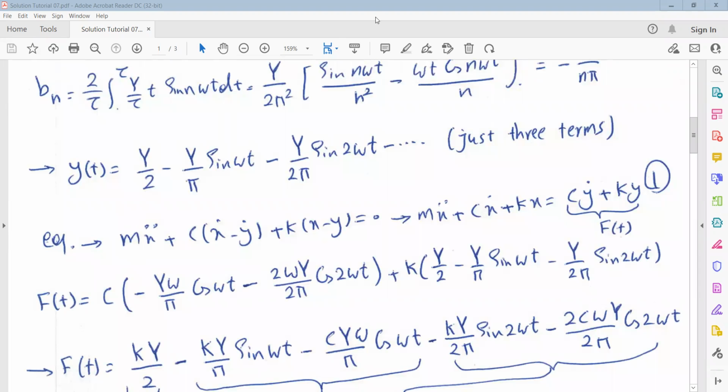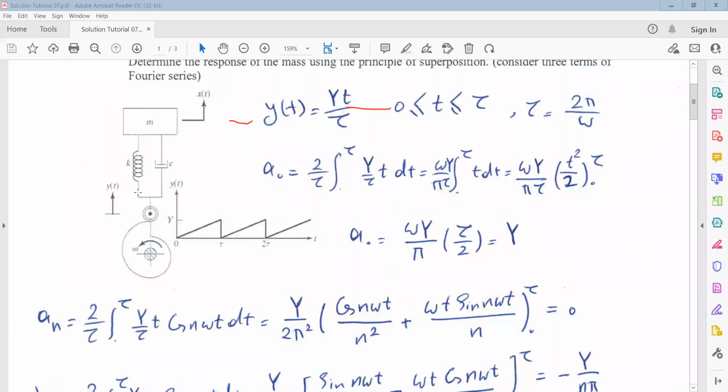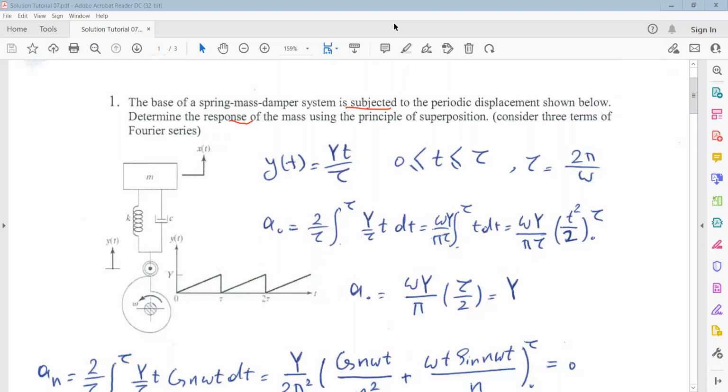We only consider three terms in the Fourier series, as you can see, only for the frequencies omega and 2 omega. If you substitute into the equation of motion, which is m x double dot plus c (x dot minus y dot) plus k (x minus y), as you see here, the system consists of one mass m, one spring, and one damper.